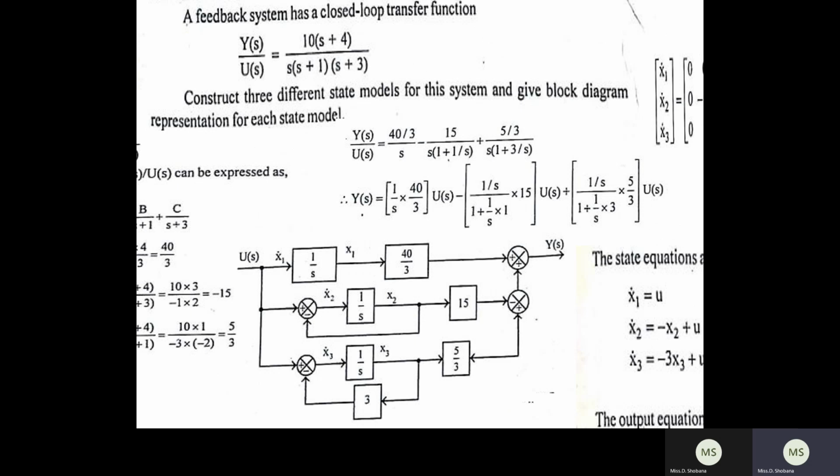You can see the transfer function here. Whenever the transfer function is given, you have to convert that in terms of equation.